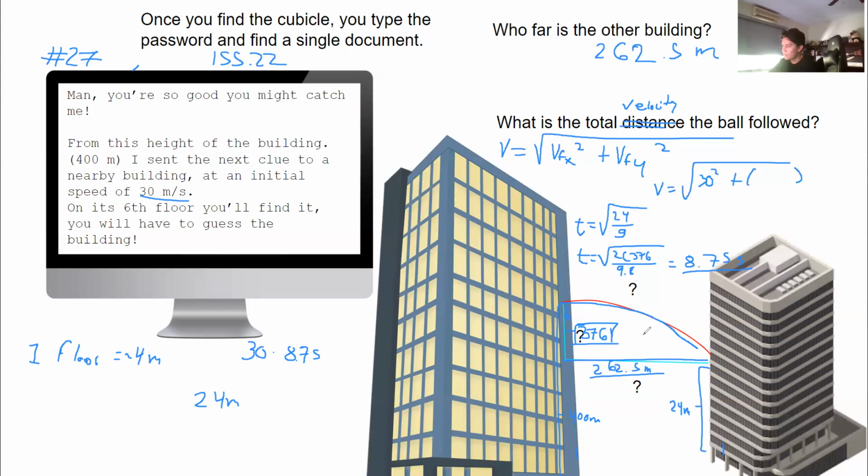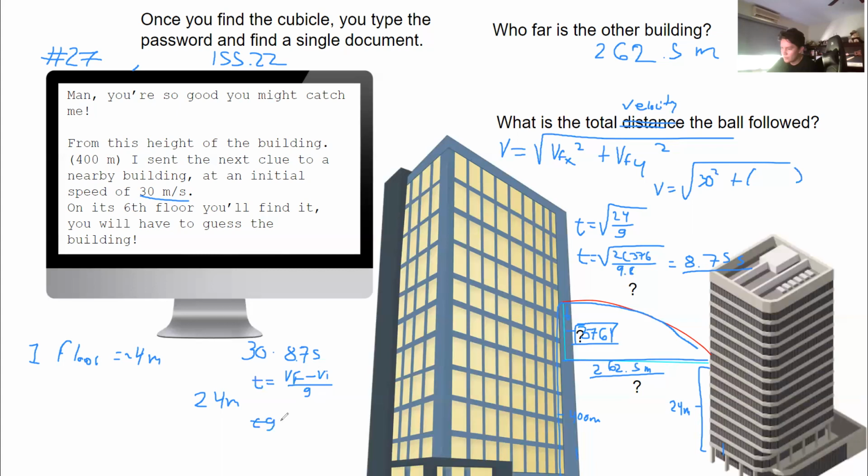So we can use the formula time equals final velocity minus initial velocity over g, but this time we have to isolate final velocity.